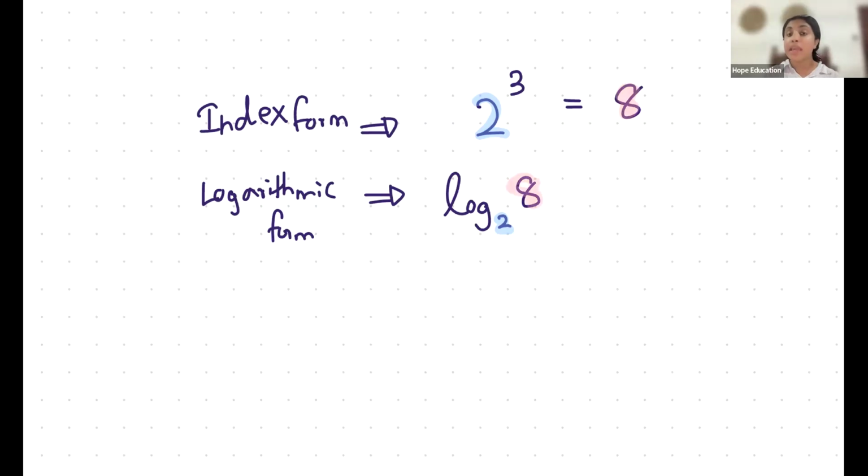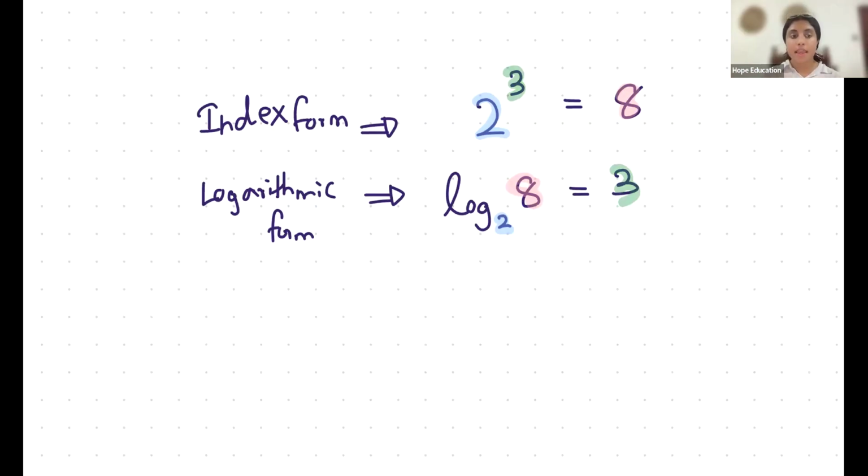And the index form එකේ power එක නැත්නම් index එක තමයි logarithmic form එකේ answer එක. And this 3 comes here. This is how you convert between the index form and the logarithmic form.